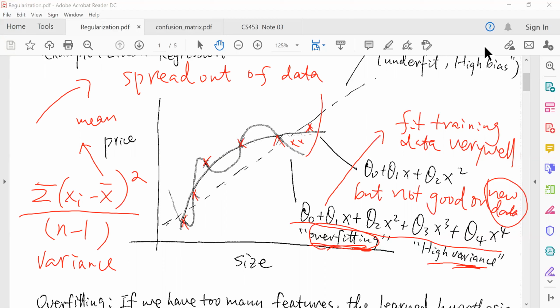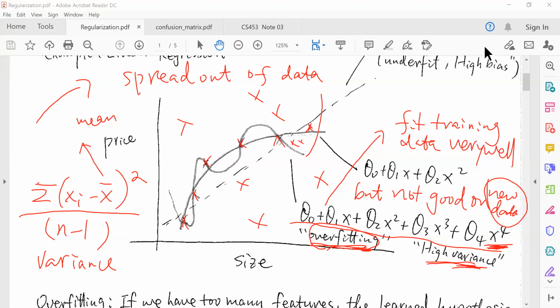If this value is high, that means your data is spread out a lot. Say you have samples very spread out in the training data, and then you just use a high order polynomial for your model.